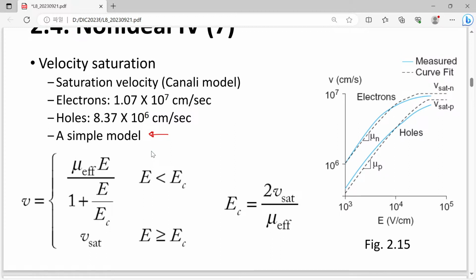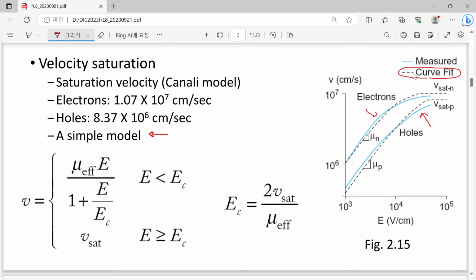This figure 2.15 is just to show you a caution about our limiting capability. Although here we have measurement data, in this slide we will just use a curve fitted to these two graphs.